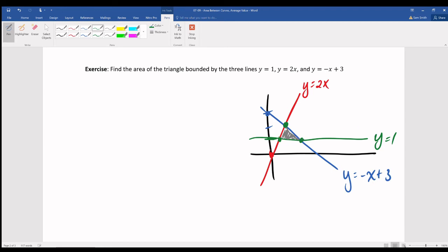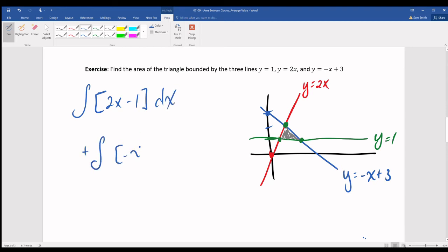So I expect to have two integrals. One at some limits where 2x is the top function and 1 is the bottom function. And then another integral where negative x plus 3 is the top function and 1 is the bottom function.